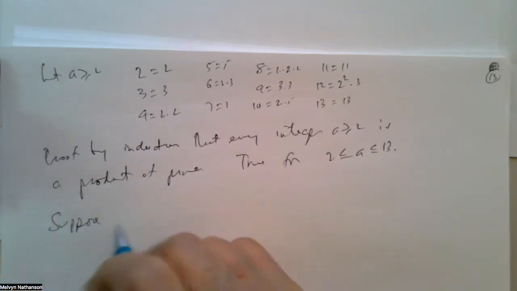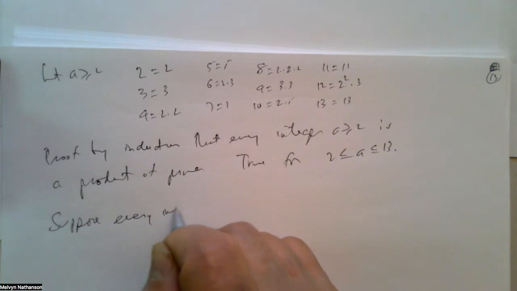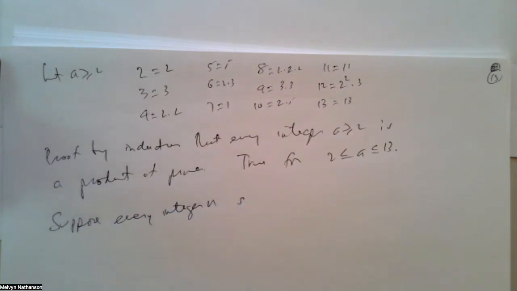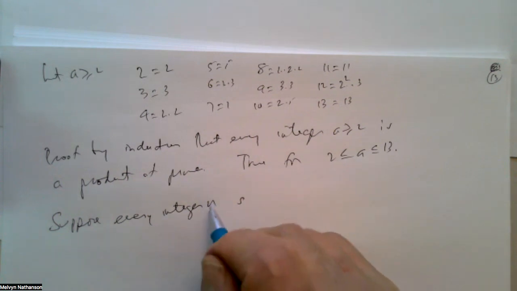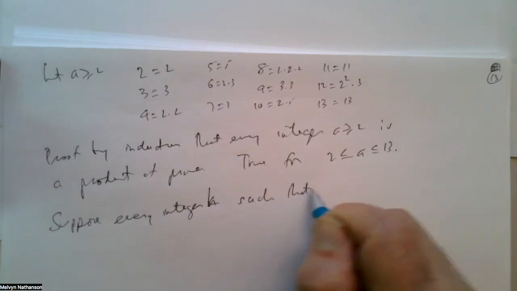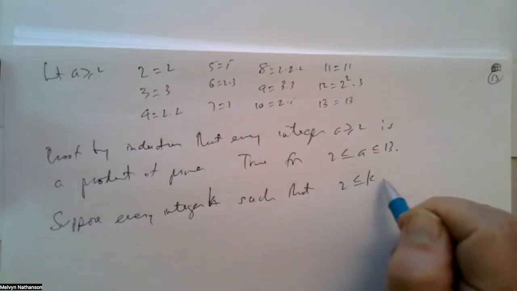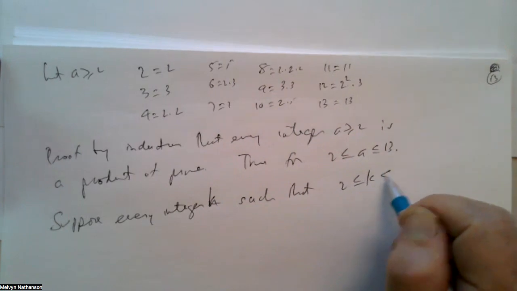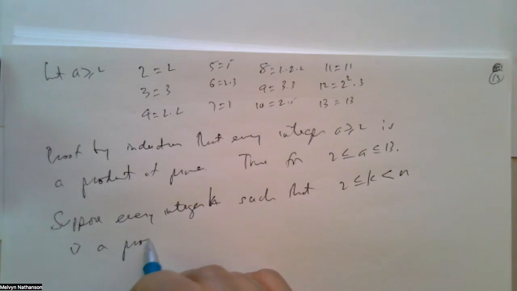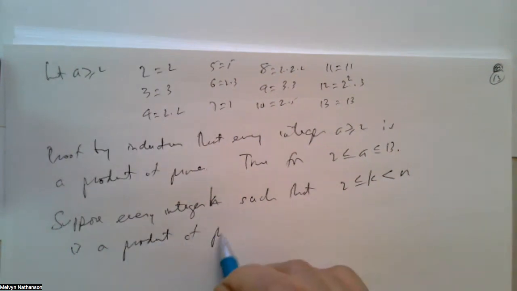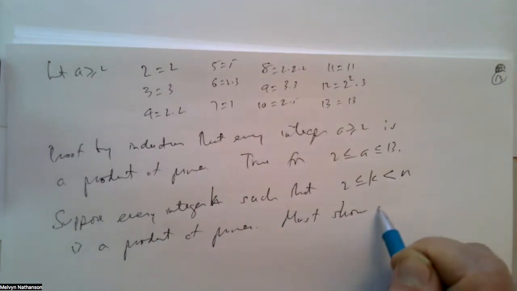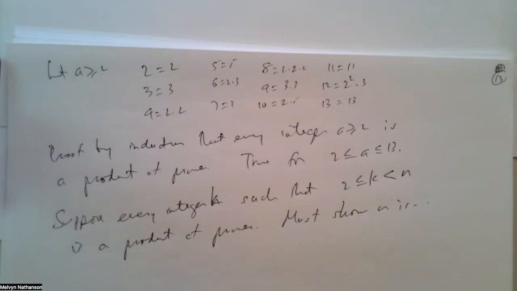Suppose every integer k, such that k is at least 2, but strictly less than n, is a product of primes. I must show n is a product of primes.